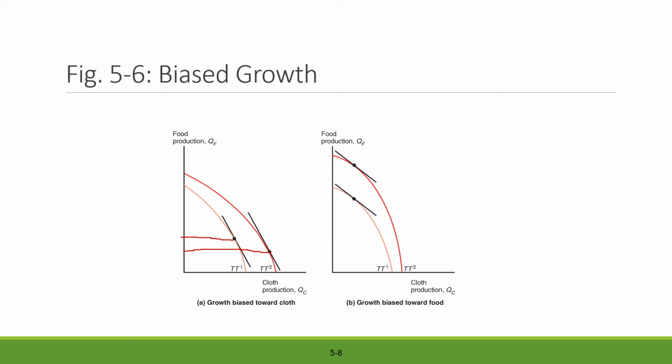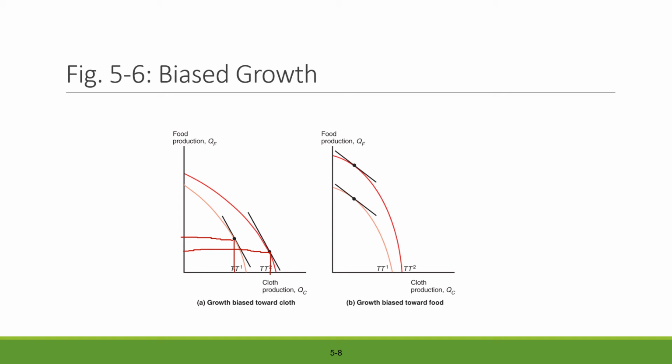This will also take some resources out of the food sector, so the overall supply in the food sector will decline, but the overall supply in the cloth sector has increased. We explained that through the Edgeworth box diagram, explaining how the changes in resources can also change the allocation of these resources.